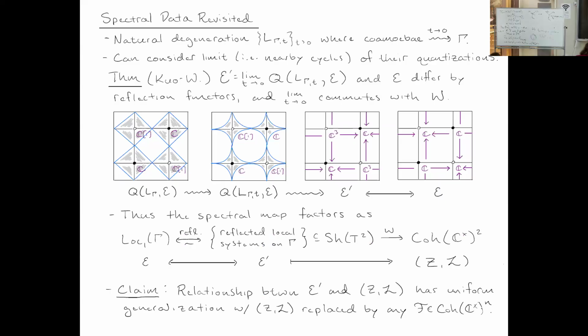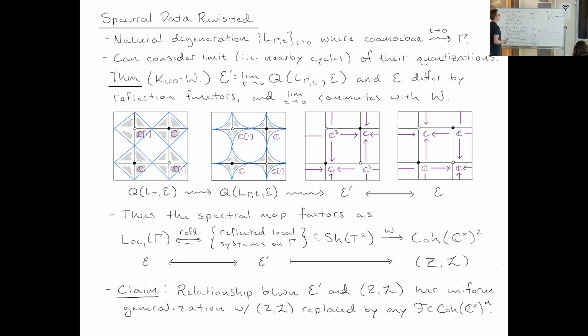First, I replace our local system with this other kind of reflected constructible sheaf E prime. And then that sheaf is just a mirror to the spectral data. I get the spectral data from there by just taking the mirror of E prime. So I can repackage the whole discussion as you have a mirror pair of a constructible sheaf and a coherent sheaf. And the graph and the spectral curve are just what you get by taking supports on either side of that mirror pair.